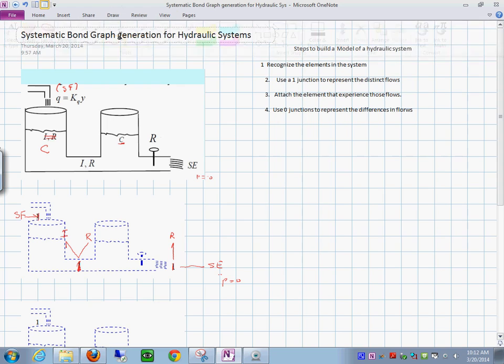Let's get a different color pen here. So you see, in between these two, you're going to have a 0 over here. This 0 over here indicates this minus this is what goes into the C element.